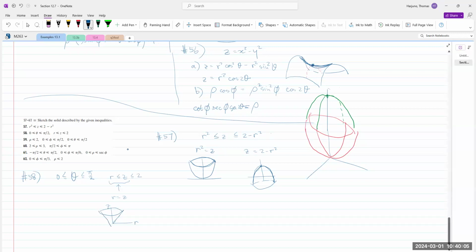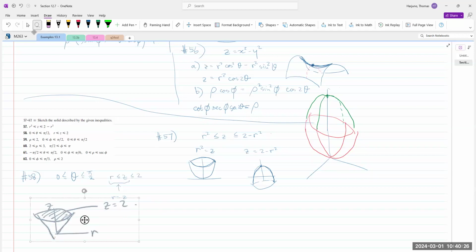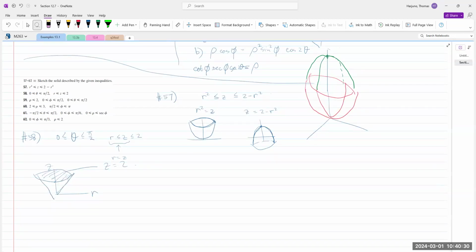But z is at most 2, so it's bounded above by the plane z equals 2. And at the same time, it has to be in the first quadrant in 2 dimensions. So imagine this. Let me take this again, and then I enlarge this because I think it's a nice sketch already, right? But then I only pick the part that is in the first quadrant.